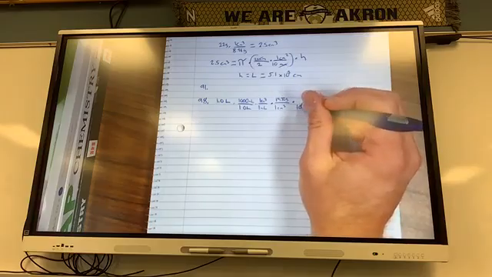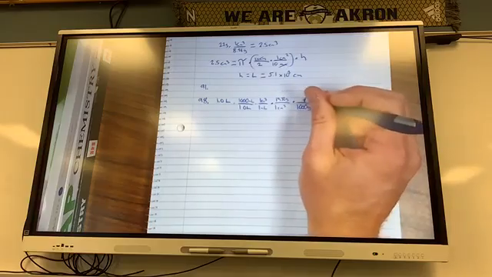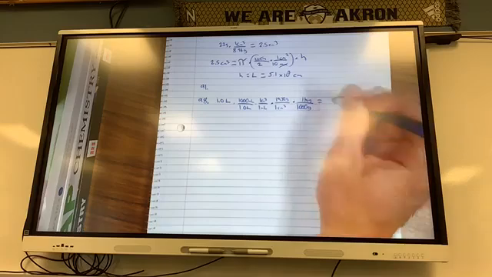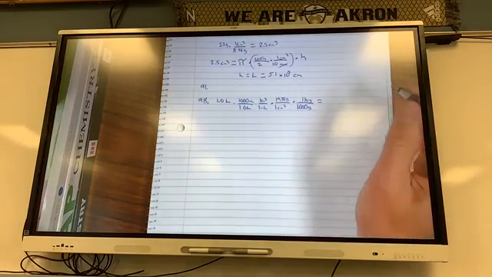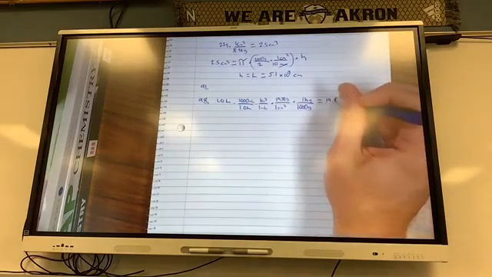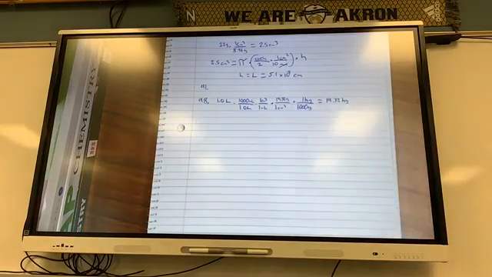For every 1,000 grams, I have 1 kilogram. If you solve that, that is 19.32 kilograms, which is approximately 48 pounds.